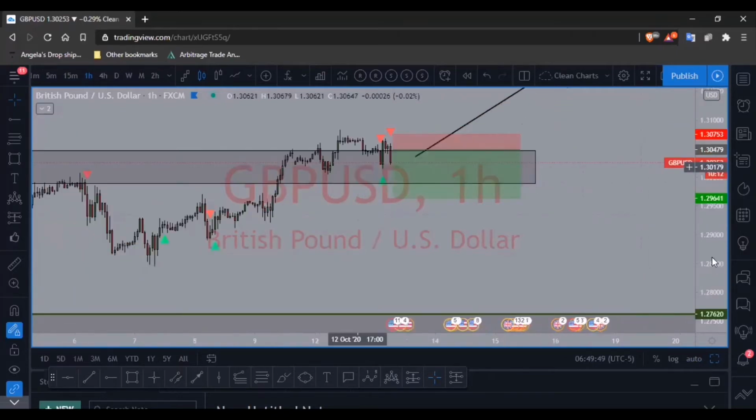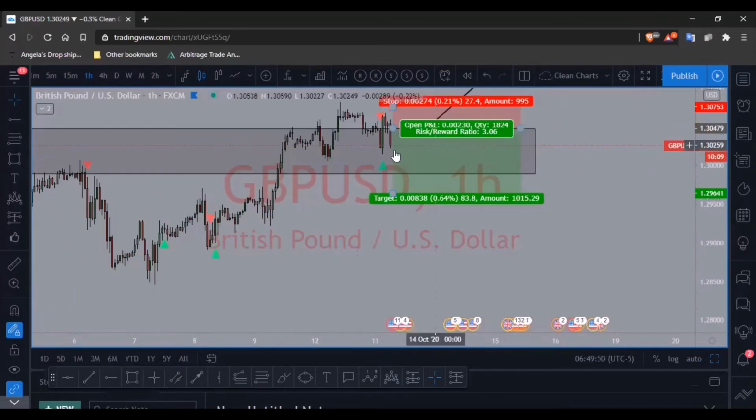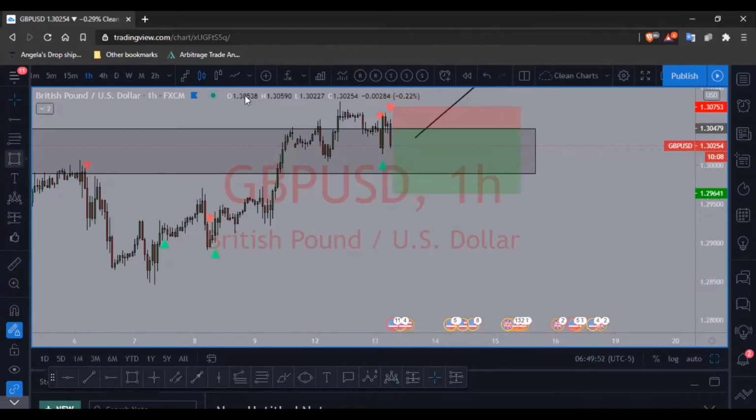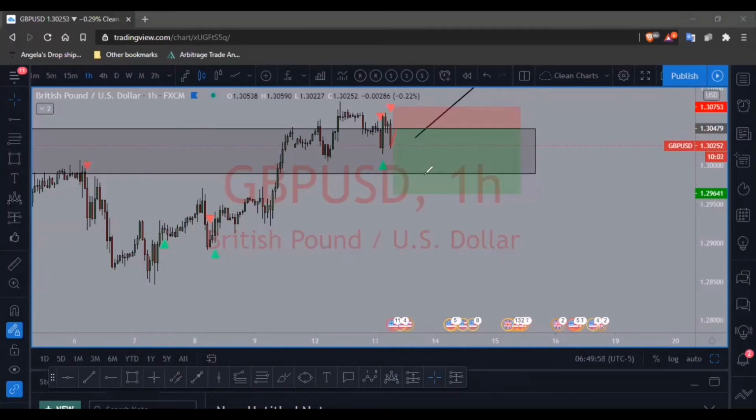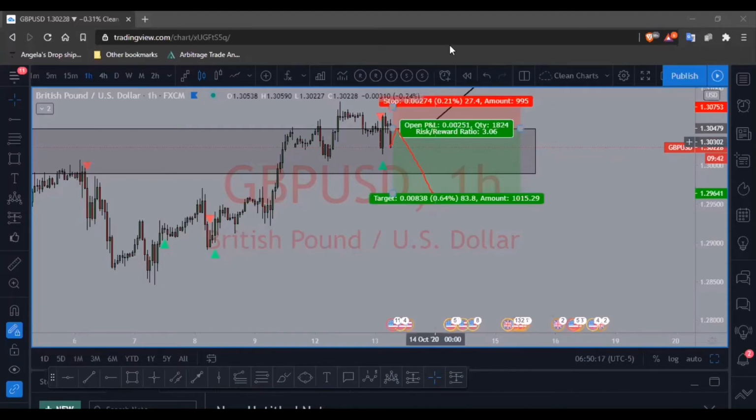But like I said, if I can get a small push up, let me get my drawing tool, if I can get a small push up again for price to respect right here, then drop down, that would be love for me personally. If it doesn't do that, then I don't think I would get in, because I just don't like getting into a candle this low when I could have entered right here. But that's just me again.